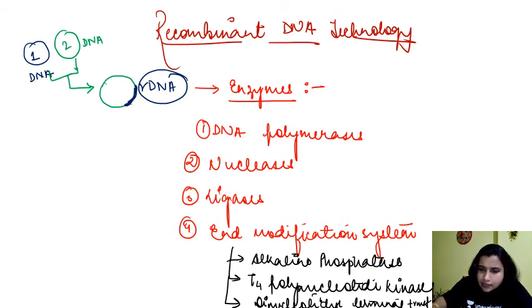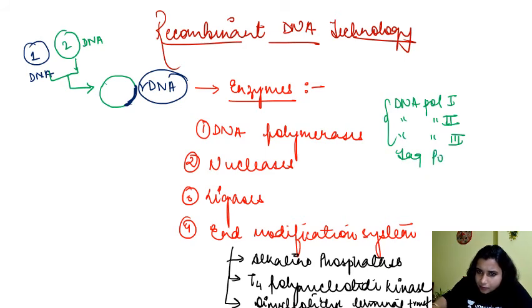And DNA polymerase is basically of three types: DNA pol 1, DNA pol 2, DNA pol 3, right? There are also some others, Taq polymerase and RNA dependent DNA polymerase, right?